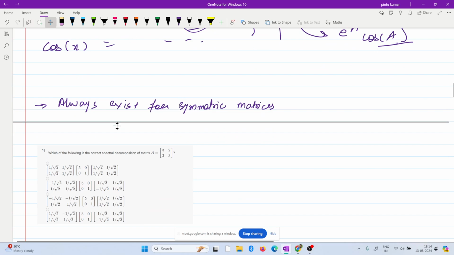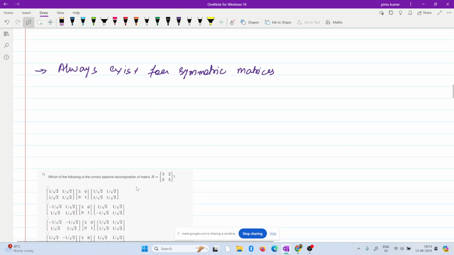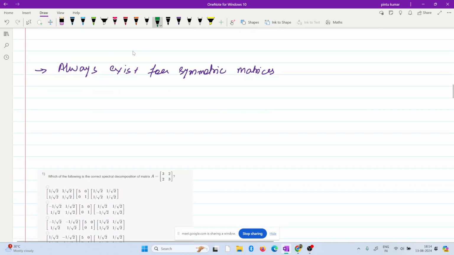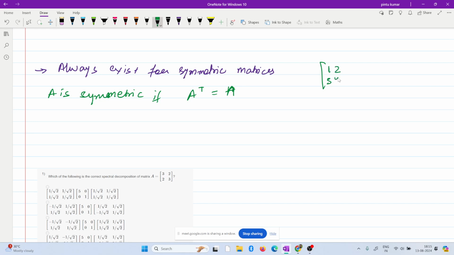So last time we also discussed what symmetric matrices are. Just to reiterate, A is symmetric if A transpose is nothing but A, right? And what is transpose? For example, if this is a matrix, and you take the transpose of this matrix, then your first row becomes the first column.